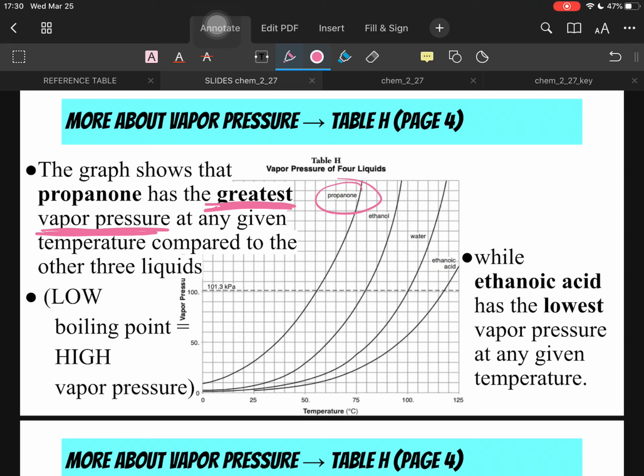If you don't have to add that much energy in order for propanone to become a gas, that means it has a high vapor pressure and a low boiling point. On the other hand, ethanoic acid, right, over here, at normal boiling point, this was like 117. So that means you're going to have to add a lot more energy in order to turn ethanoic acid into a gas.